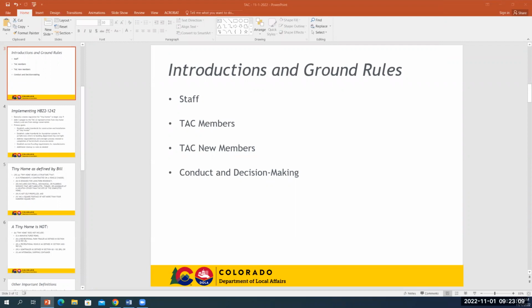My name's Susan Krasno. I'm in Dallas, Texas, and I'm here because Colorado and California are way ahead of Texas, and I guess I would say I'm more on the consumer side. I've lived tiny myself. I've been involved in the tiny house world for about 8 years, working toward legalization here in Texas.